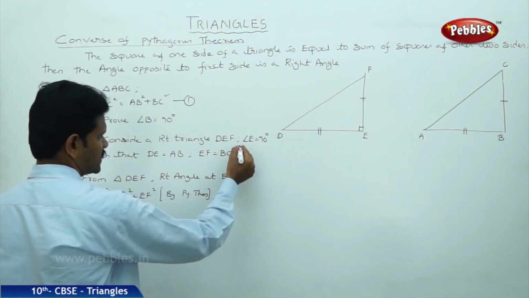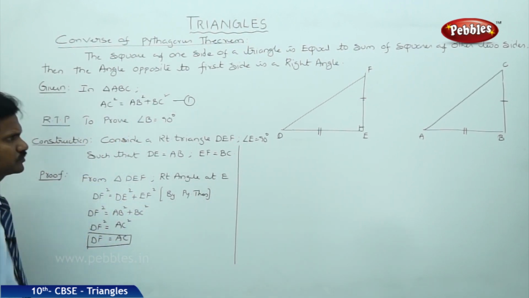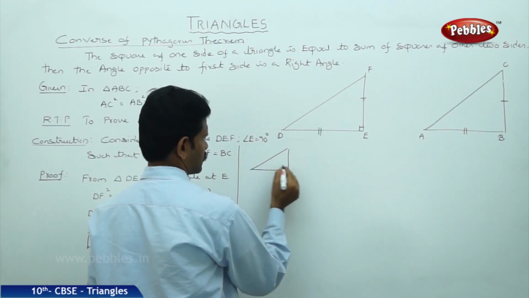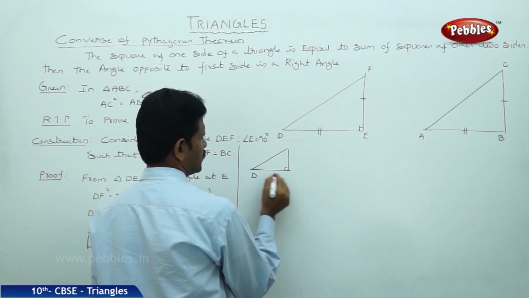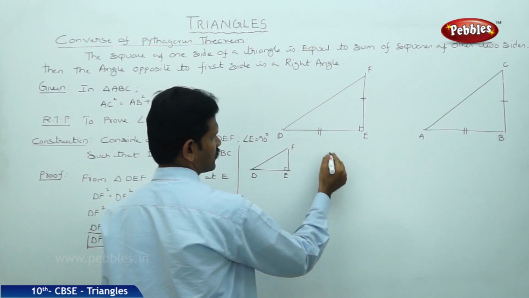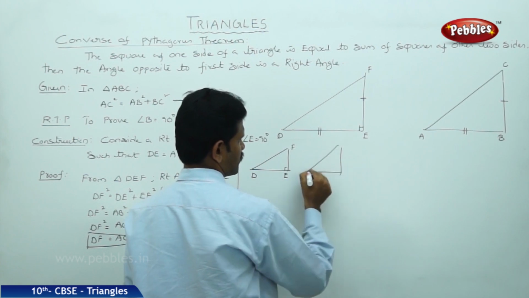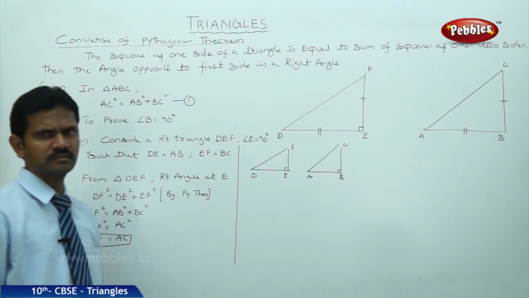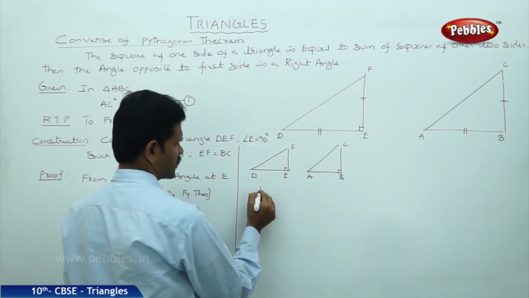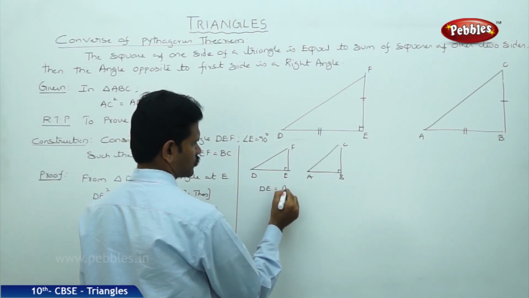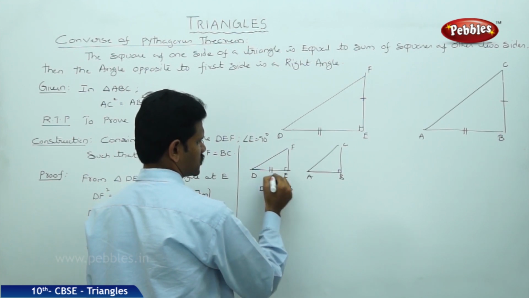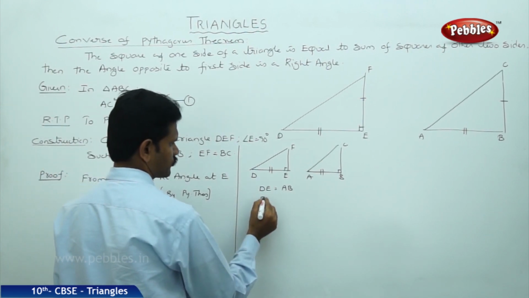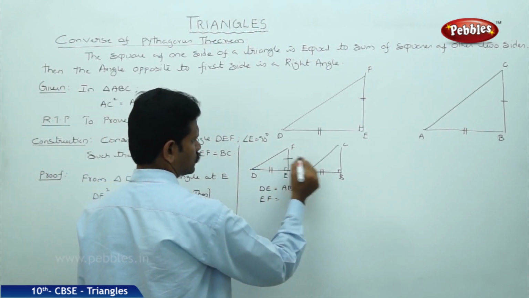Now let us consider these two triangles. Now triangle DEF and triangle ABC. DE is equal to AB and EF is equal to BC.